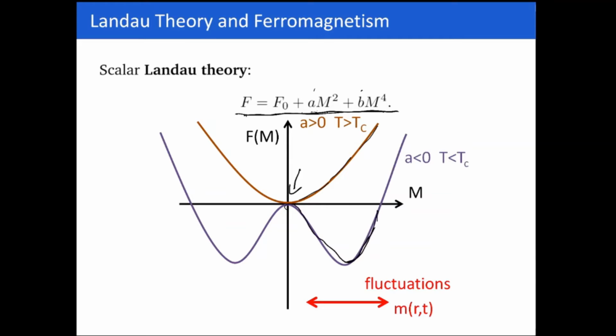So for small values of m at lower temperatures, if A was negative, this would go negative, and then for larger values, the second term here would dominate and it would go up again. So in the Landau theory, the A is temperature dependent, and that allows us to predict a magnetic phase transition.